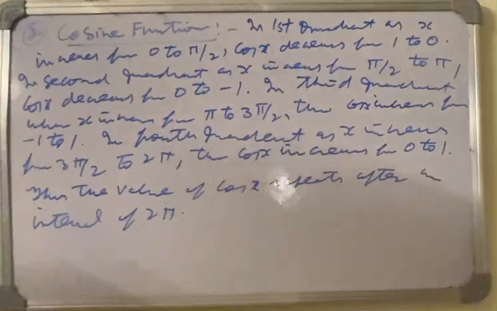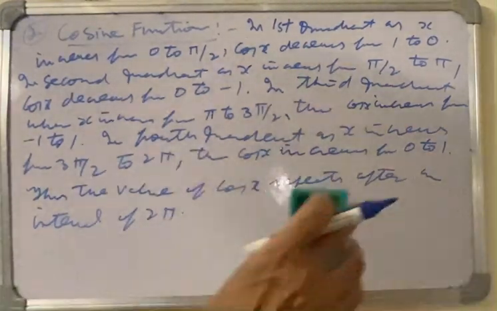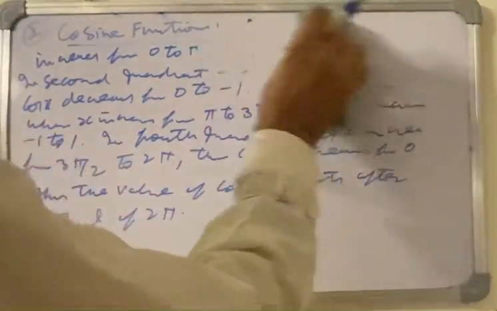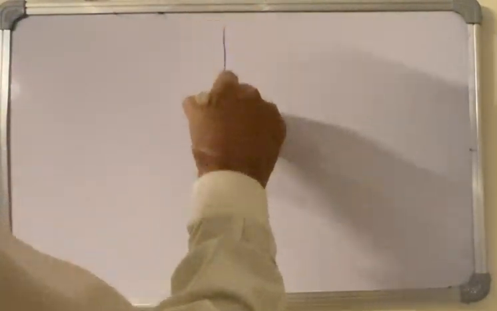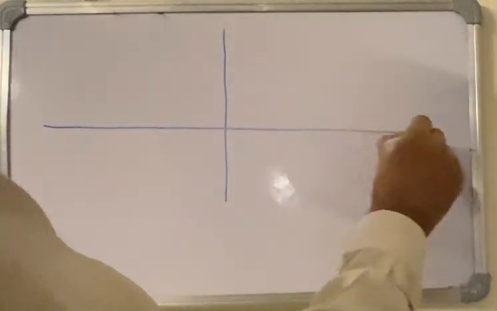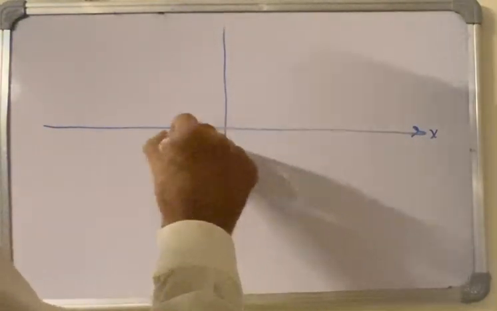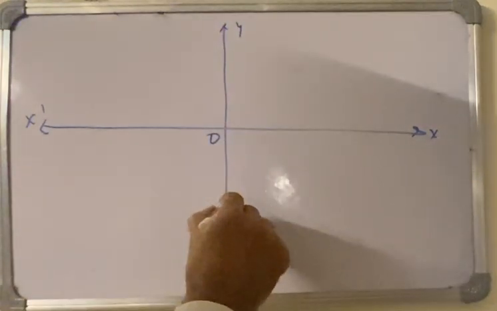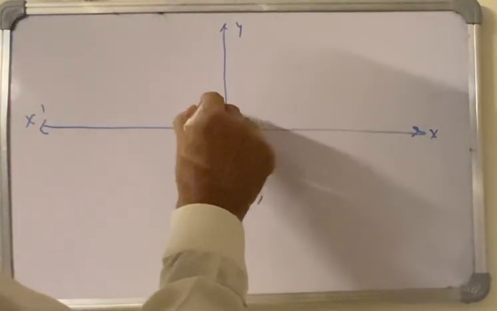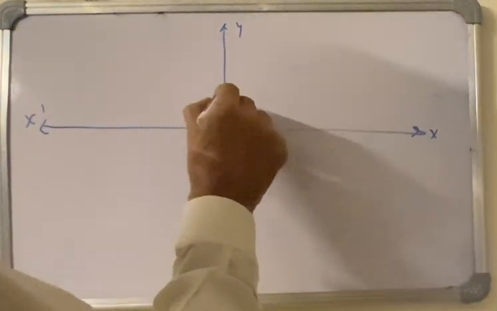Now we draw its graph, as we have done in the case of sine. This is 1, this is minus 1.